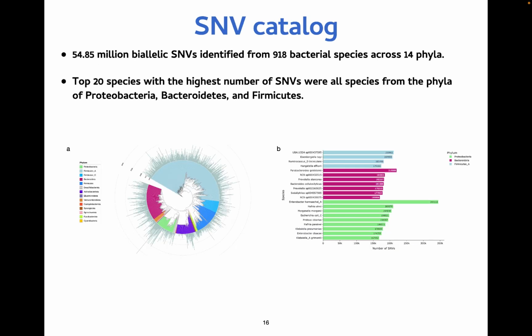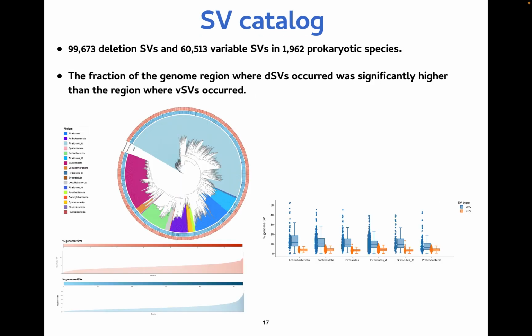In this project, we totally identified more than 50 million biallelic ISMVs from more than 900 bacterial species across 14 phyla, and we found the top 20 species with the highest number of ISMVs were all species from the phyla of Proteobacteria, Bacteroidetes, and Firmicutes.